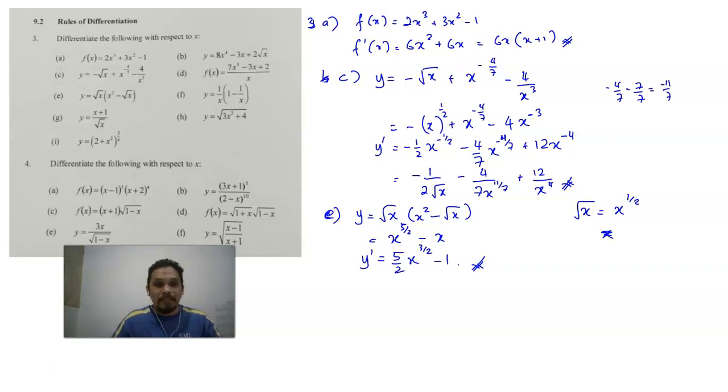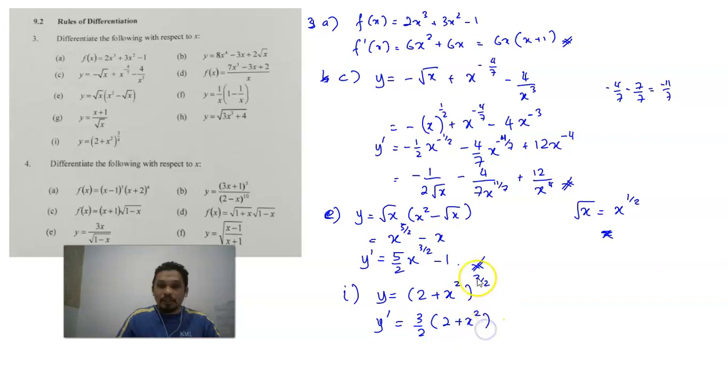Okay, and then next question I. y equal to (2 plus x squared) to the power of 3 over 4. Then y prime equal to, okay, for this question, we are going to differentiate the power outside here, come out with 3 over 2 times (2 plus x squared) to the power of 3 over 2 minus 1, or 3 over 2 minus 2 over 2, 1 over 2.